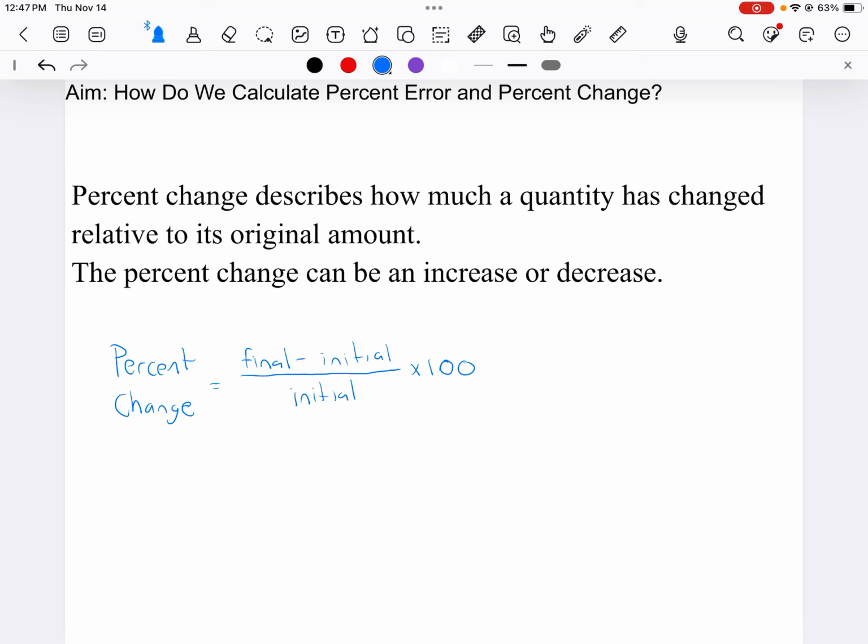Now, since it can be an increase or a decrease, if your percent change is a positive number, that means we're going to have a percent increase because the final number is bigger than the initial number. If your percent change is a negative number, that means we're going to have a percent decrease.